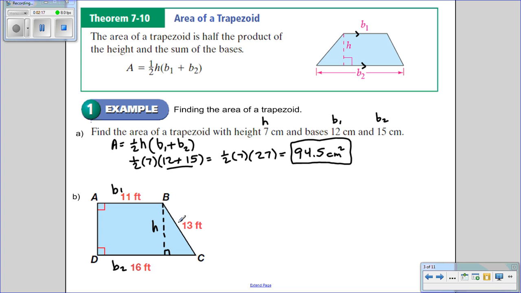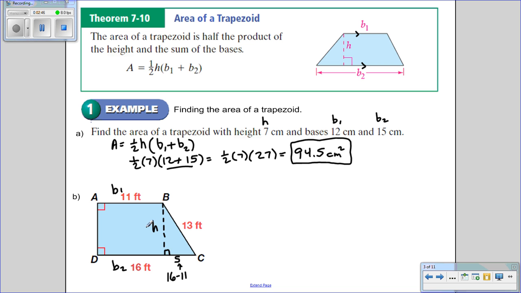This is the hypotenuse of that right triangle. Now this length down here is the entire bottom base, which is 16, minus 11. That would give me this remainder. So I know this over here is 16 minus 11, those two bases. 16 minus 11 is 5.